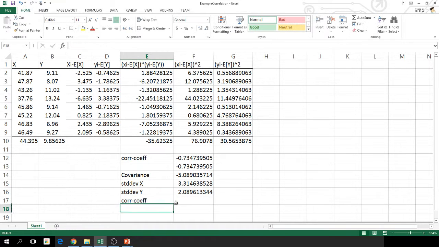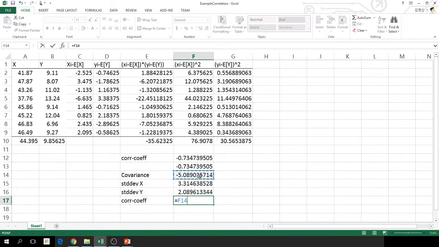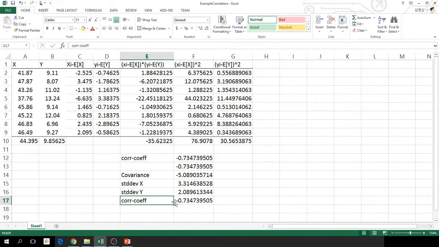The correlation coefficient is again obtained by the covariance value divided by the standard deviation of x times the standard deviation of y. So then we have the correlation coefficient again. This value is the same as this value. Okay? There are three ways to calculate the correlation coefficient.